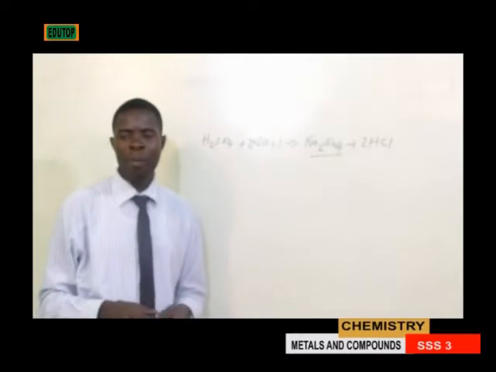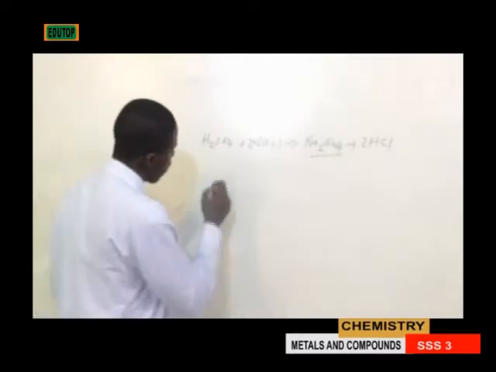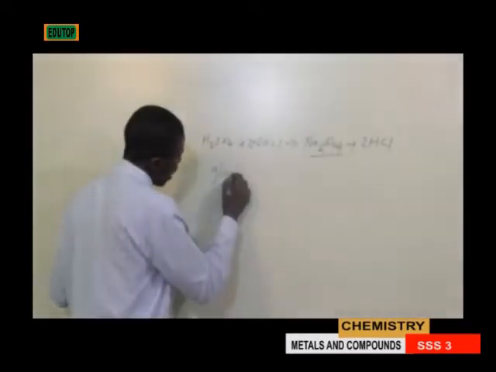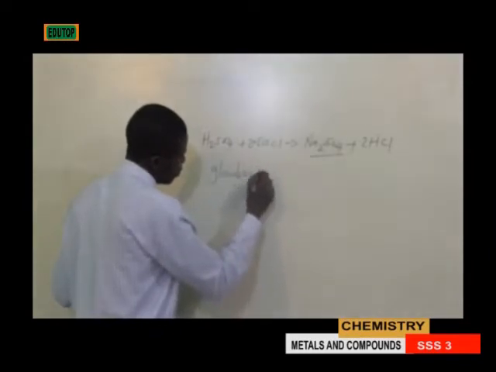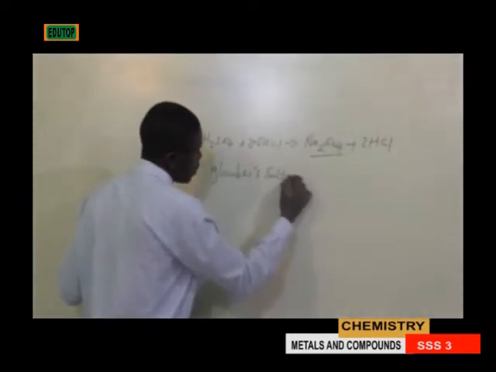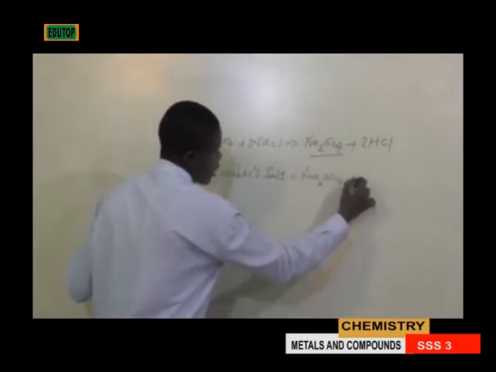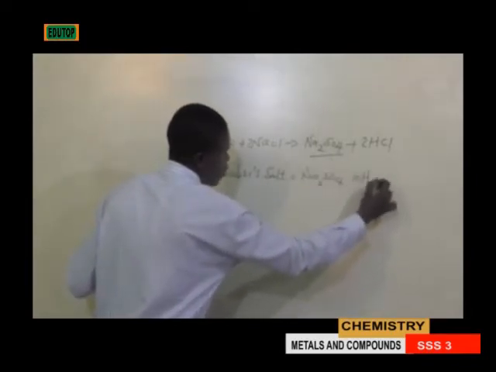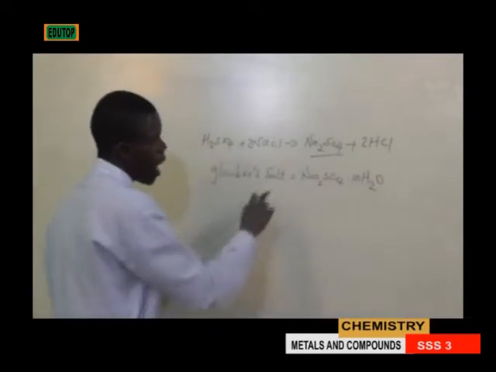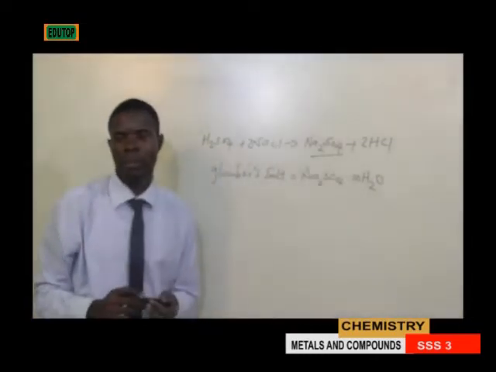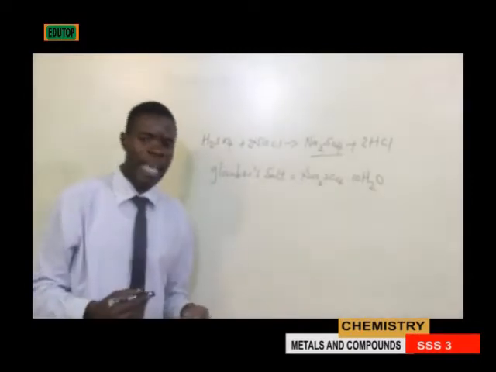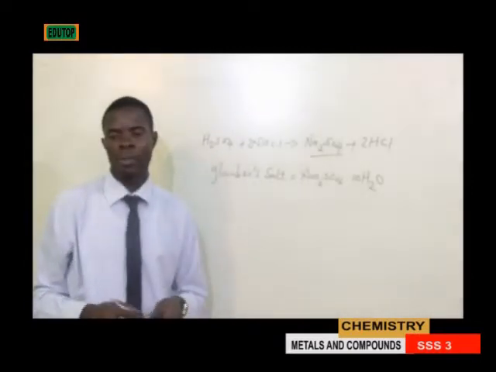And a typical example of this is what is known as Glauber's salt, which is Na2SO4.10H2O. This is an efflorescent compound.